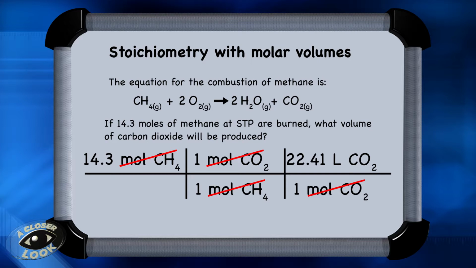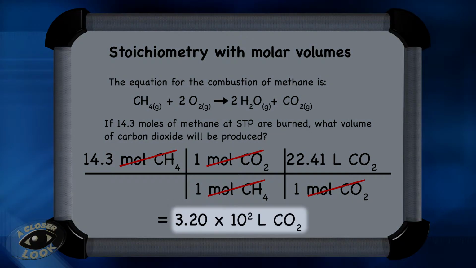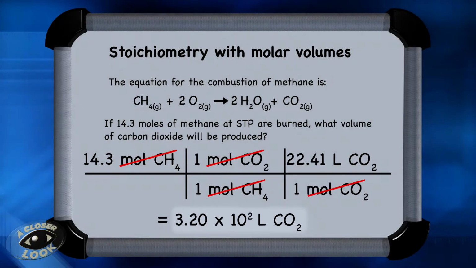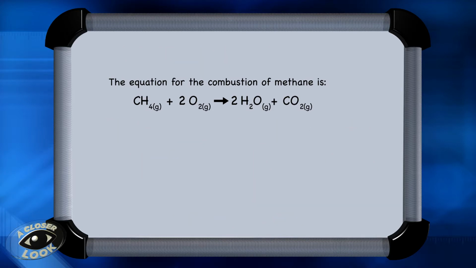And when you multiply 14.3 times 1 times 22.41, you find that 3.20 times 10 to the second liters of carbon dioxide are produced when 14.3 moles of methane are burned under the conditions of STP.